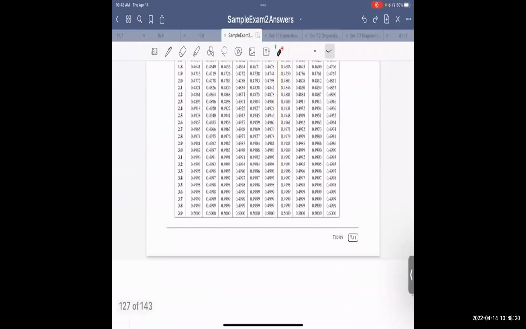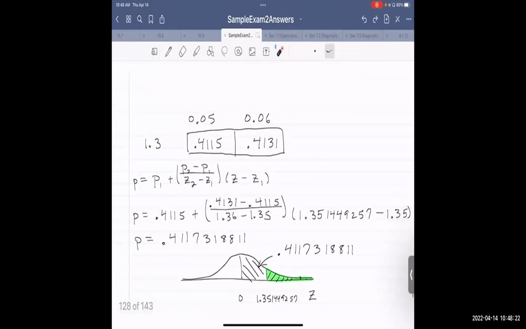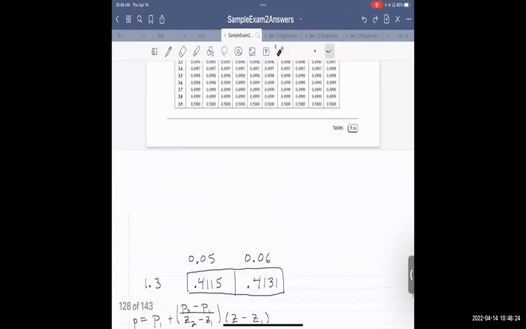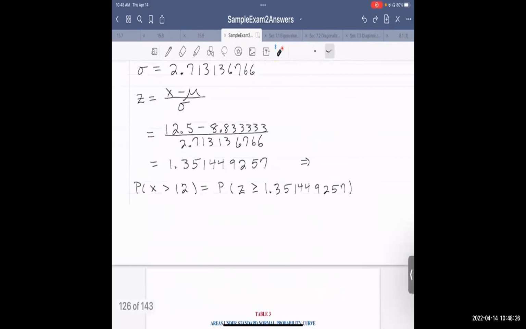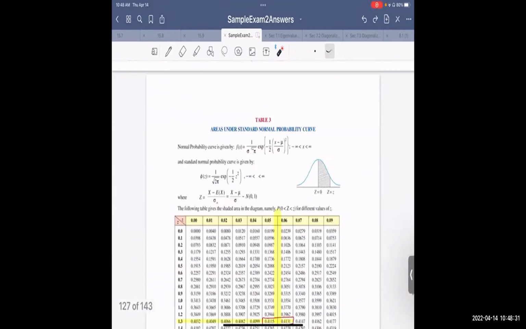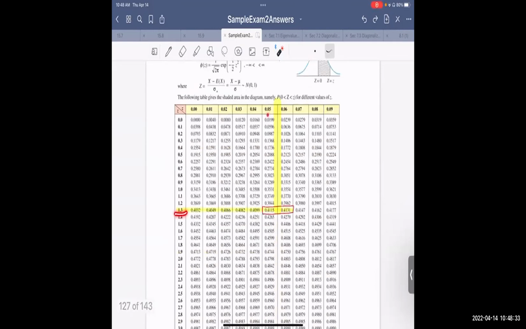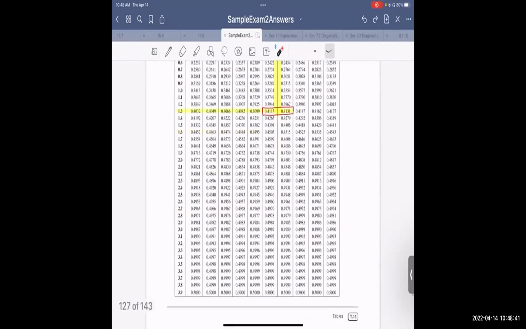So let's look at that on my table. I'm going to have to subtract this from 0.5. So this is between 1.35 and 1.36, and I'll need to interpolate the 0.4115 and the 0.4131.